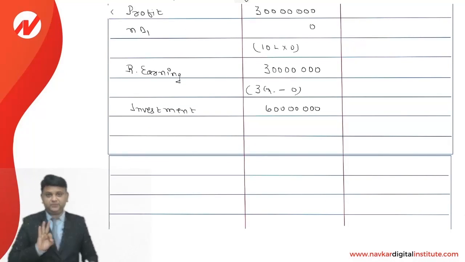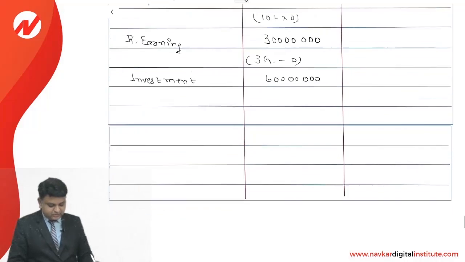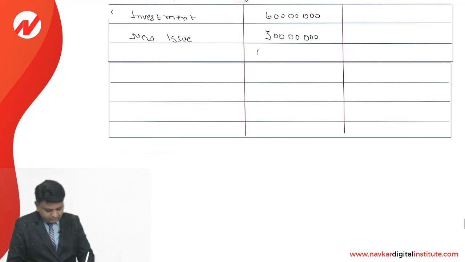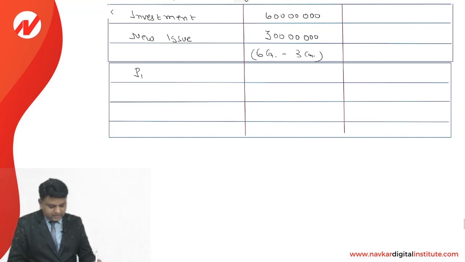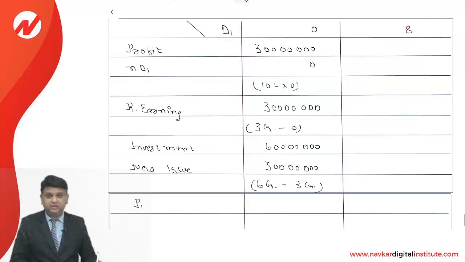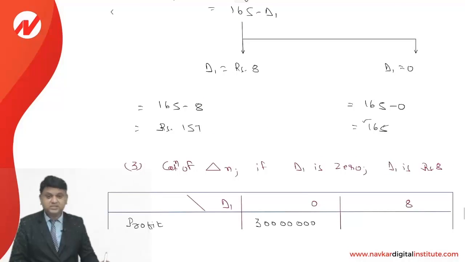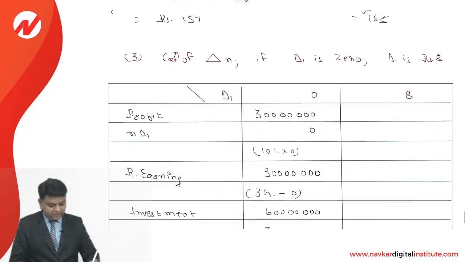We have retained earning of 3 and the investment, that is expansion of 6. So there is going to be new issue of again 3 crore, that is 6 crore minus 3 crore. P1, price of equity share at the end of first year is 165 if at all the dividend is not paid.